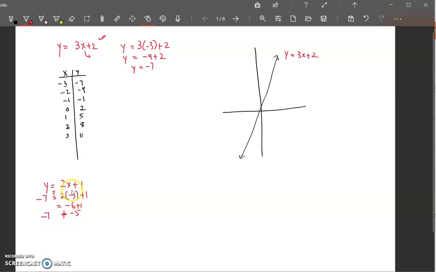In fact, if I put -3 in this particular equation, it gives me a different y. So every point that you see in the table of values is unique to this particular equation. It works. It's a solution for that equation. So I can find that point on the line here somewhere.